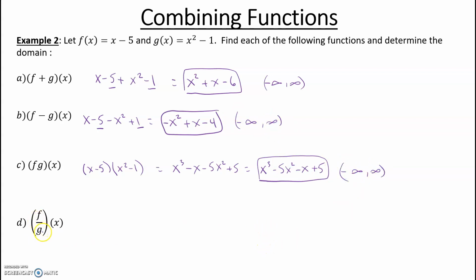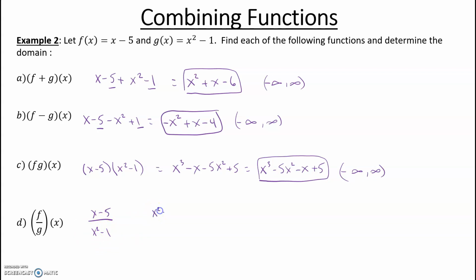And then part D, we get to division. So f of x, which is x minus 5, divided by x squared minus 1. Now there's nothing that's going to simplify here, so that actually is all of it. But your domain, notice you have a fraction. So remember, it cannot equal 0.